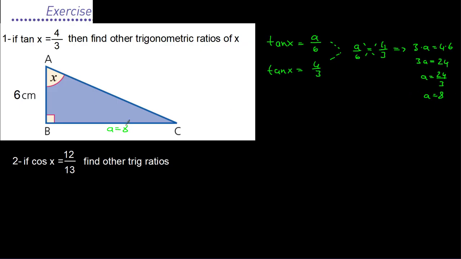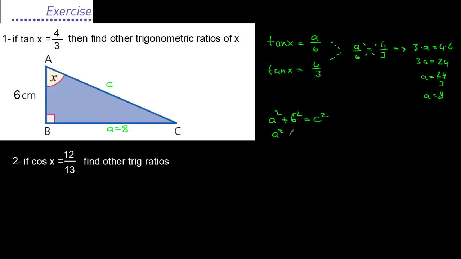So if a is equal to 8, by using the Pythagorean theorem, I can find the hypotenuse here, because for the other trigonometric ratios, sine and cosine, I also need the hypotenuse. So a squared plus 6 squared should be equal to, let's say this is c, c squared. It seems like b, but it is 6 here.